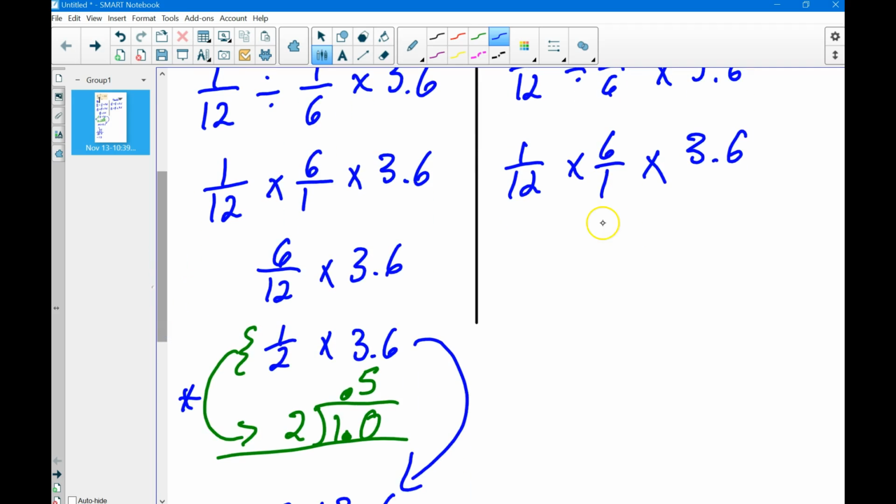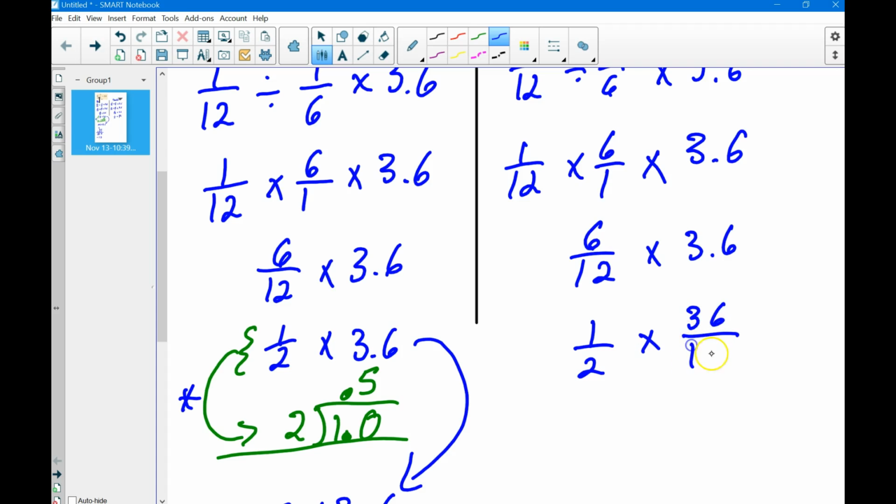And then we get 6 over 12, same as before, times 3.6. And this reduces down to 1/2. I'm going to reduce it because it makes the numbers easier to work with. The 3.6 becomes 36 over 10.